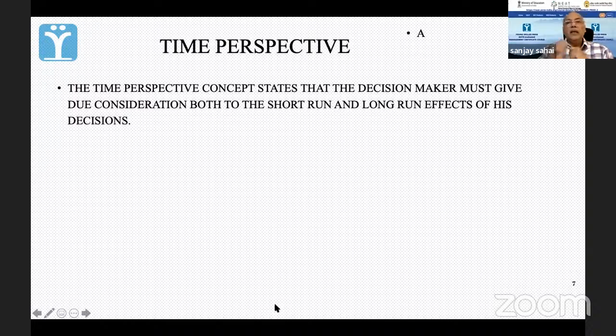Okay. So that brings us to our next concept, the concept of time perspective. So the time perspective concept states that the decision maker must give due consideration both to the short-term and long-term effects of his decisions.